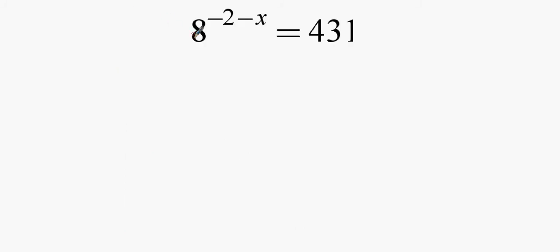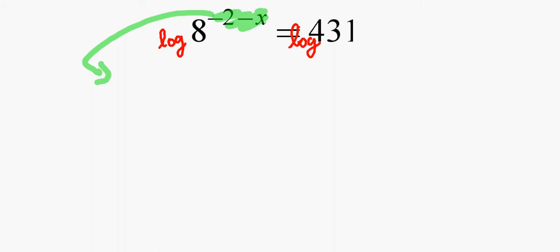Another problem. So again, we have 8, we have 431. So we need to take a log because I don't see a way to rewrite 431 using 8. So we take log of both sides. Then I take this exponent and put it up front.